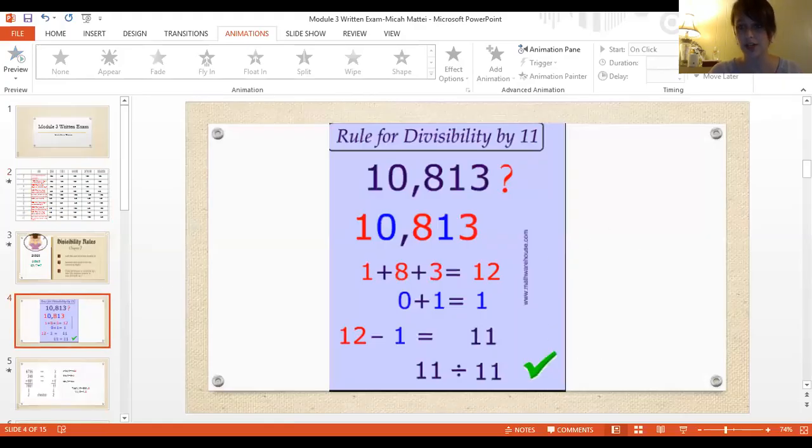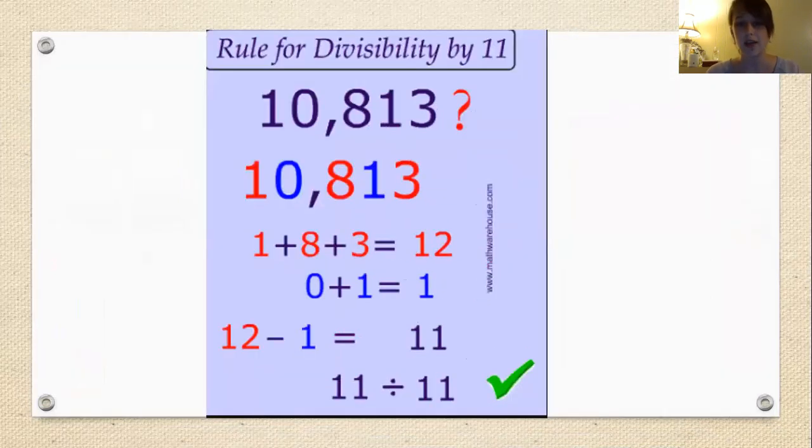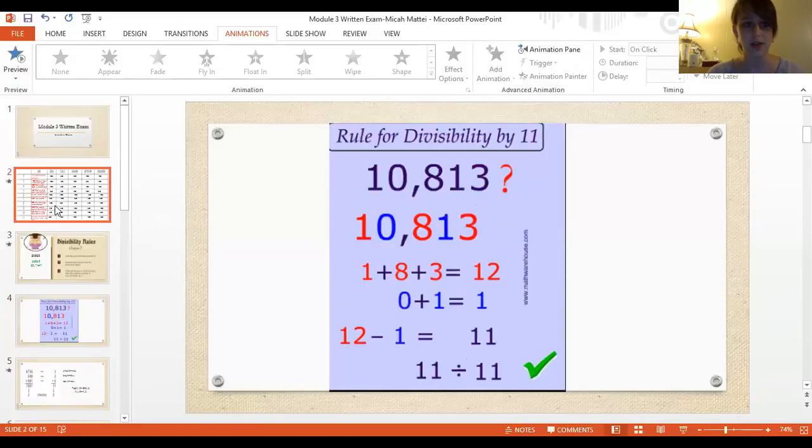This one takes the alternating sums, which shows you the highlighted numbers in red, 1 plus 8 plus 3 equals 12, and then the highlighted numbers in blue, 0 plus 1 is 1. You can see how they alternate. 12 minus 1 is 11. 11 divided by 11 is obviously 1, so it is divisible. It's just a little bit more tricky than the other ones.